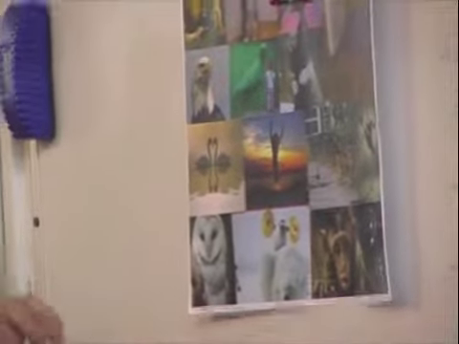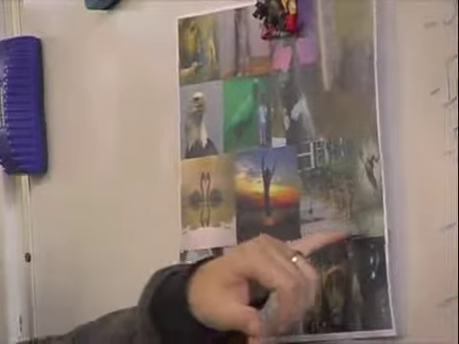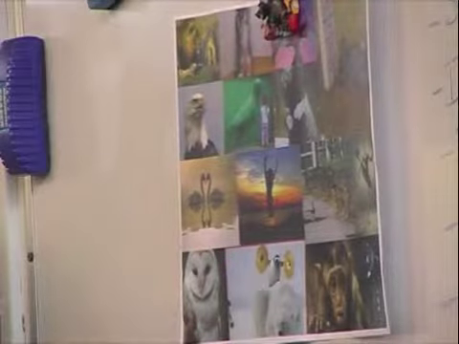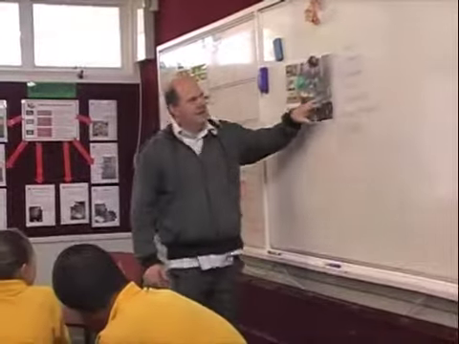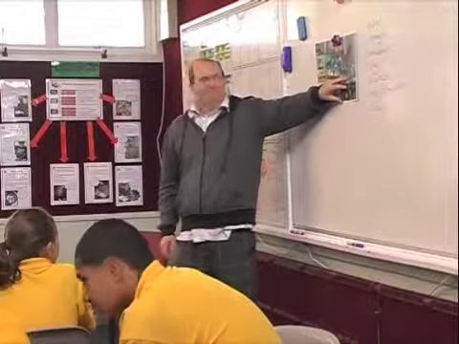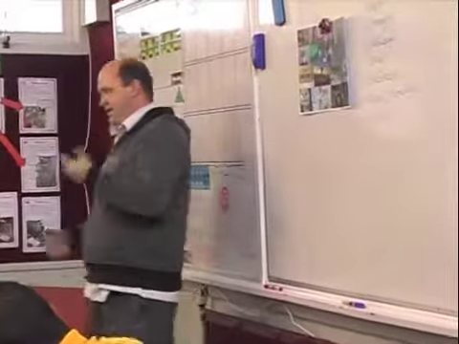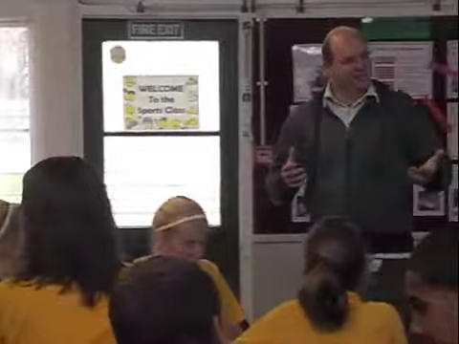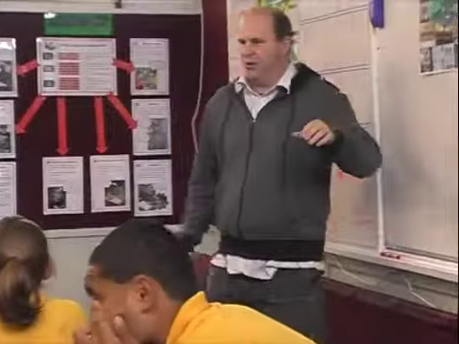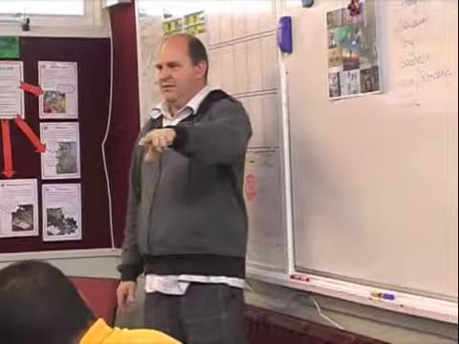Guys, we've got this one up here. This one was right here, wasn't it? We had a big discussion about this picture here. The two people I was sitting with, we stood there and discussed it.